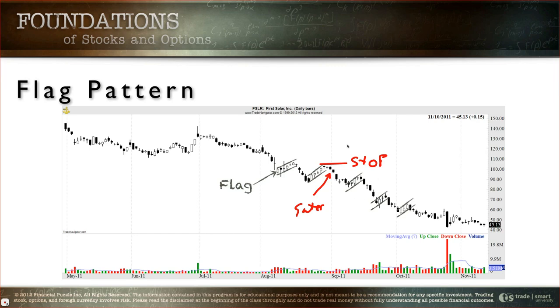I use all those terminologies similarly. As it starts to break, you can adjust those entries. Sometimes in Power Trader, we might have had an entry way down here, and then as that flag forms, you're watching it during the week and saying, that's a flag, it's a flag, it's a flag. So you can adjust those entries, get in sooner, and that's when you get a much, much better risk reward.